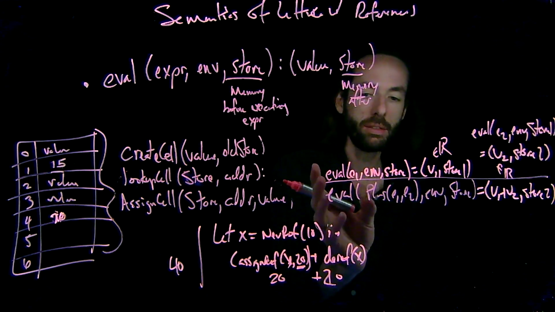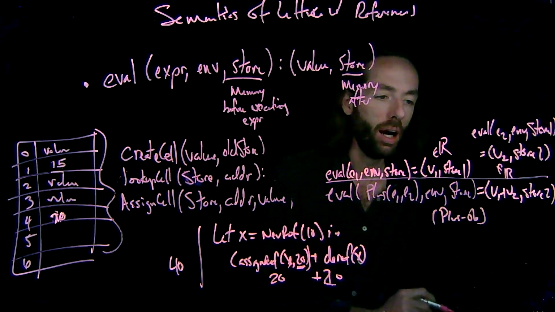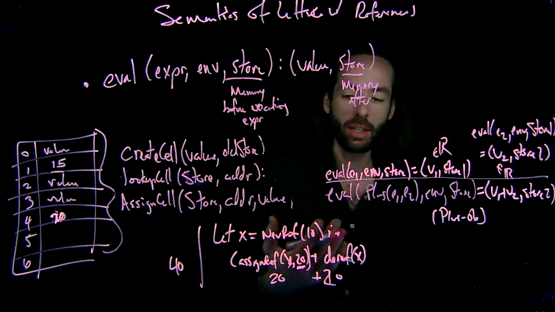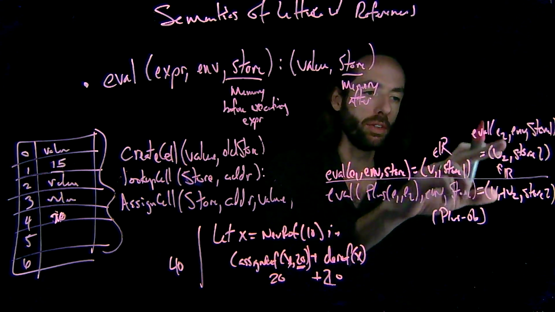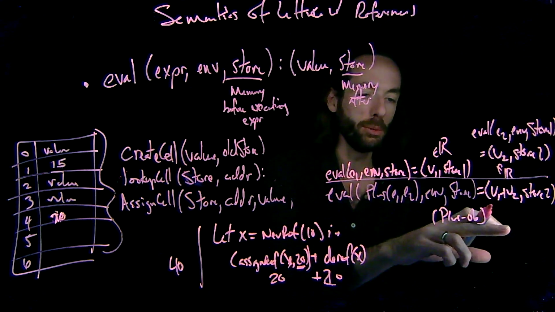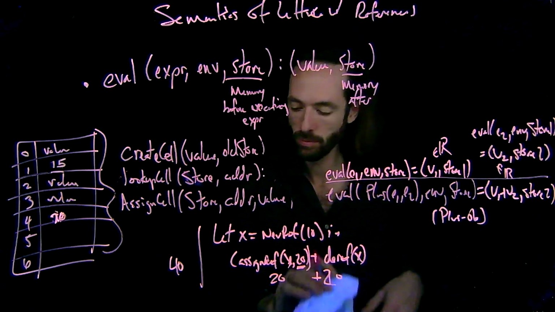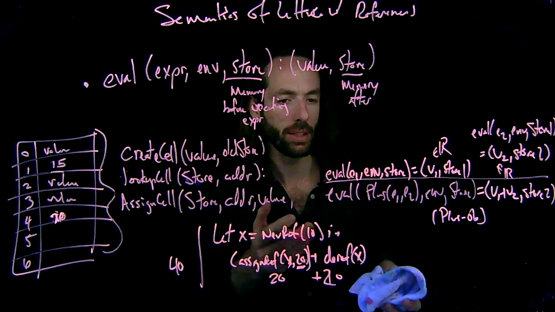And so this new plus rule properly handles side effects in our language, because the only side effects we can have are changing references around. And this makes sure that we are tracking all of the possible changes to the store and using the proper store at each time. So that's how we do plus.